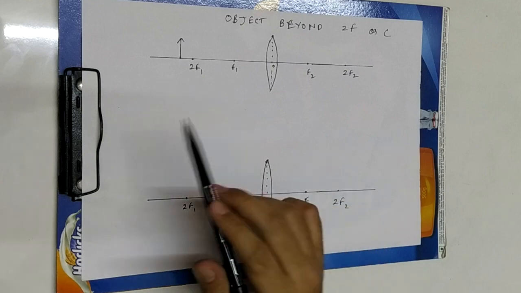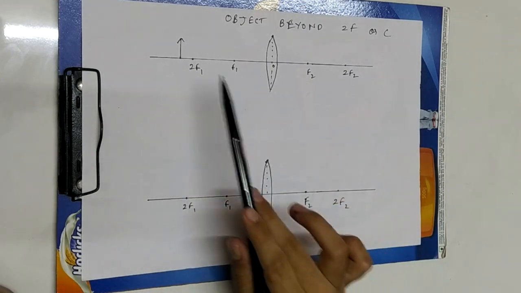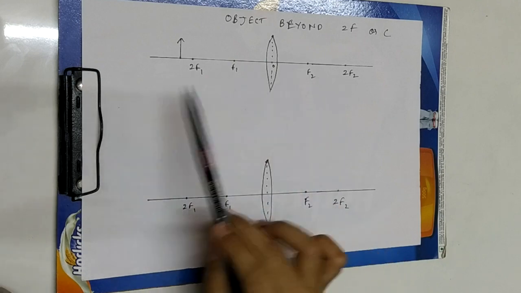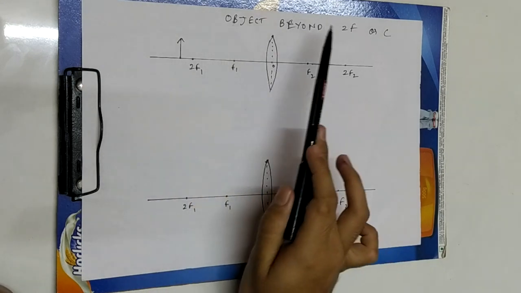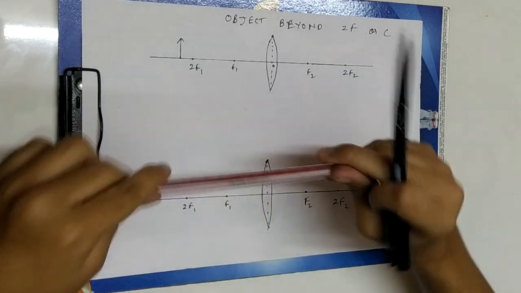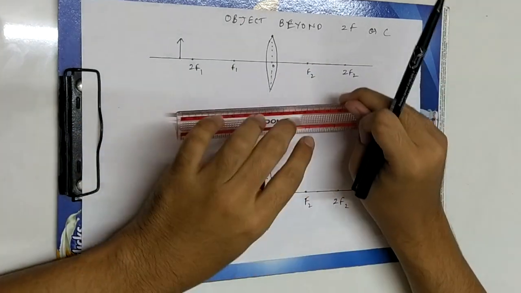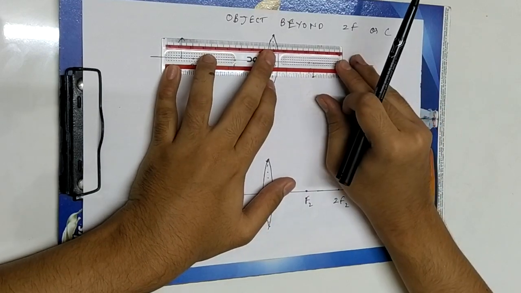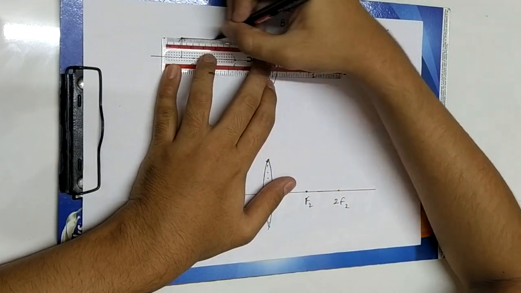Let us look at examples of ray diagrams now for lenses instead of mirrors. So first one is object beyond 2F or C. Now our favorite rule is what? Draw something parallel to the principal axis. One ray will go parallel to the principal axis.